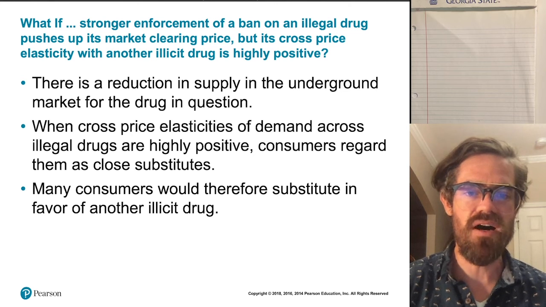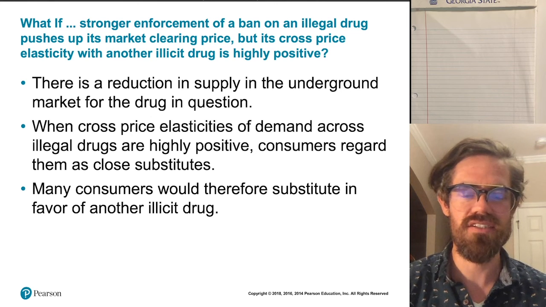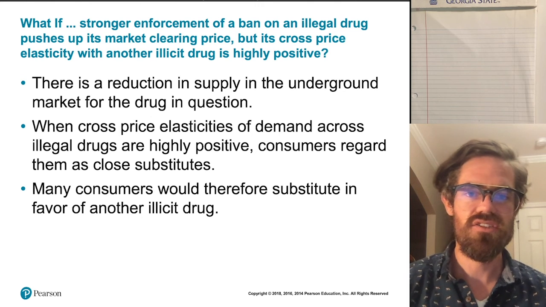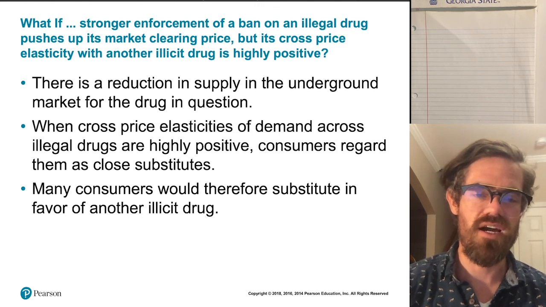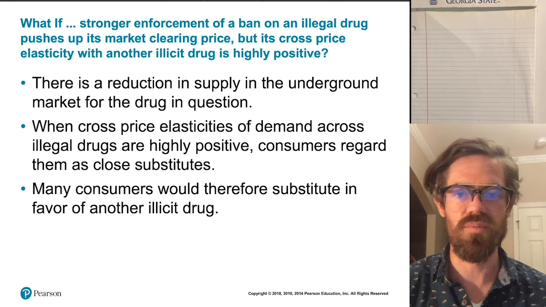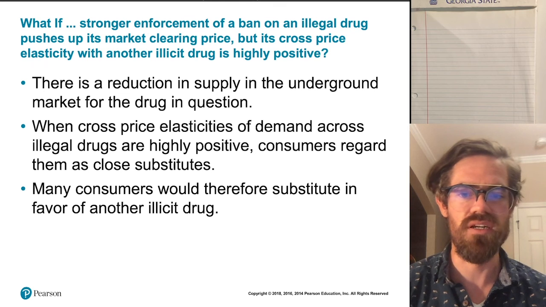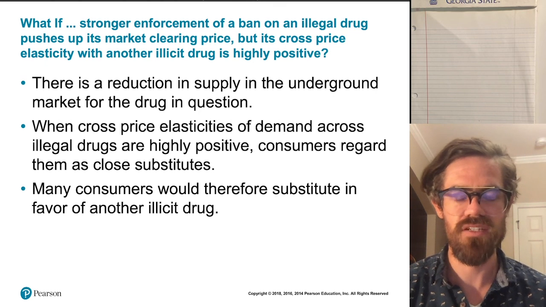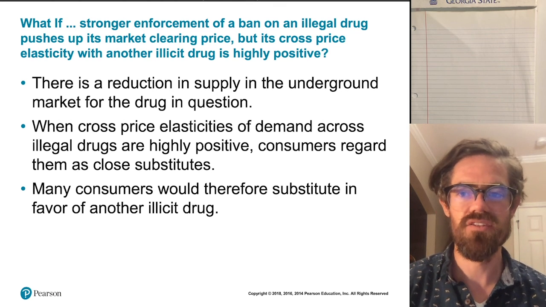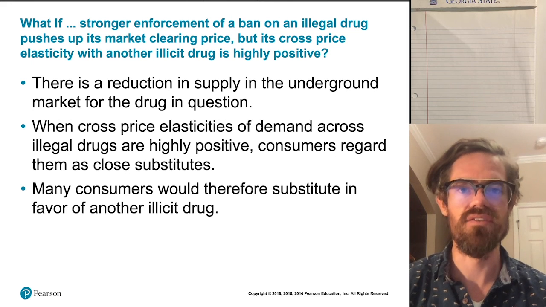And the positive cross-price elasticity is telling us that these two drugs are substitutes. So even though the higher price might discourage people from consuming this drug, they would just substitute to another illicit drug, right? So here's another example of how these elasticities can be highly useful.